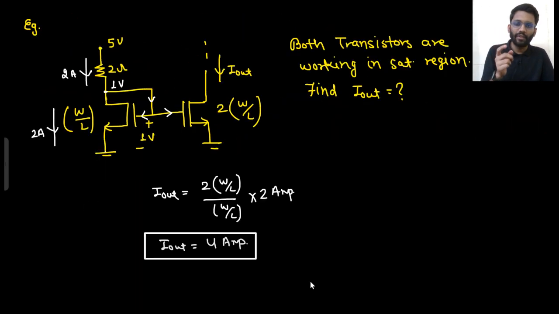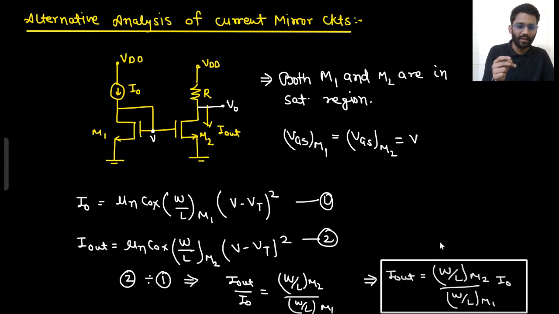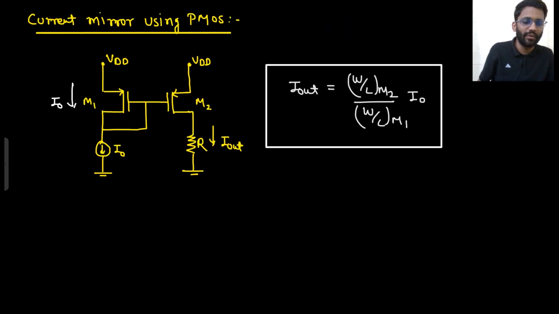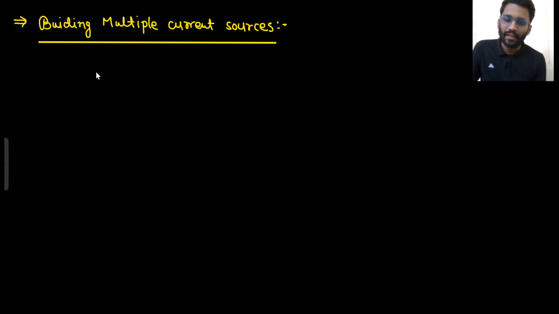Okay, let's move on to our next concept. We will be building multiple current sources using current mirror. Multiple current sources. Here what did we do? We found out only one current source, I out. Only one current source we have made. We can make multiple current sources. How will we do it? So this is our VDD.